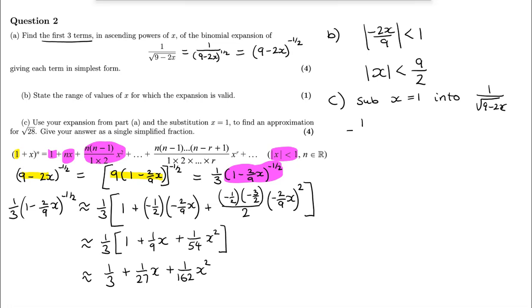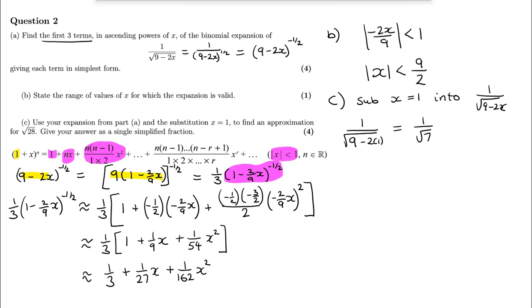So when I do that, that just gives me 1 over the square root of 7. So if I sub in x equals 1 into that expansion, then I'm just going to get the result of 1 over the square root of 7. Okay, that's not what I want.